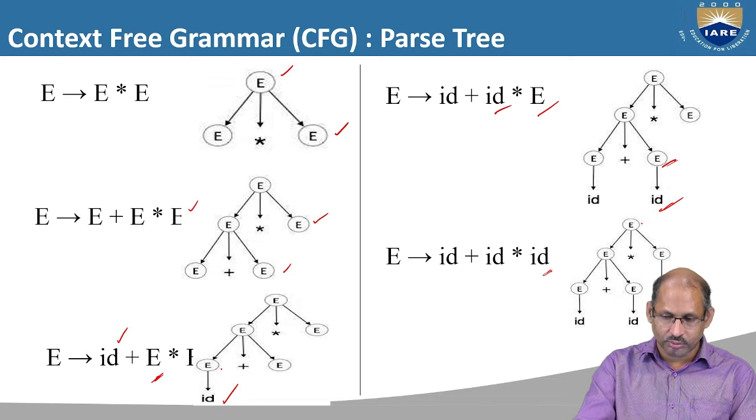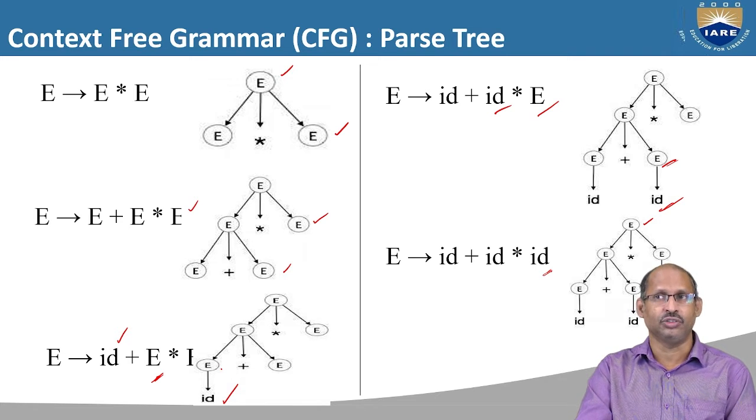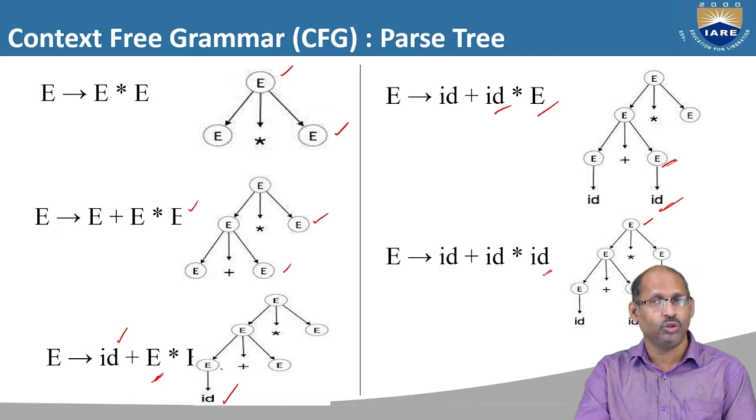The root will be the starting symbol E, and all the interior nodes are the non-terminals. We have only one non-terminal, E itself.